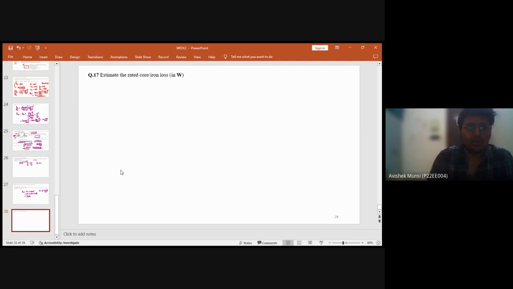Another part, this is the last part, we have to calculate the rated core or iron loss. So basically, this is Vp into I naught into cos phi. Right.